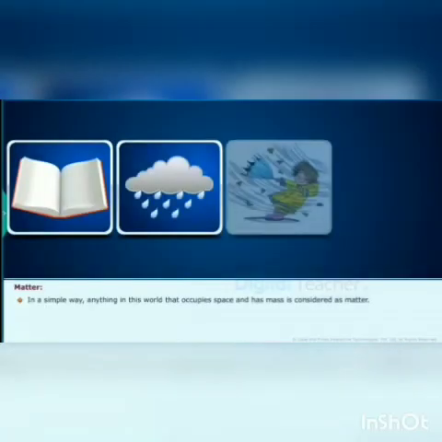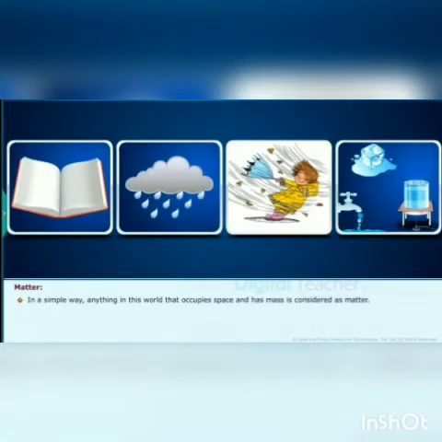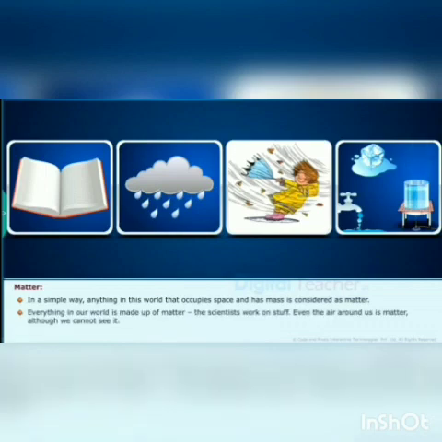Matter. In a simple way, anything in this world that occupies space and has mass is considered as matter. Everything in our world is made up of matter. Even the air around us is matter, although we cannot see it.